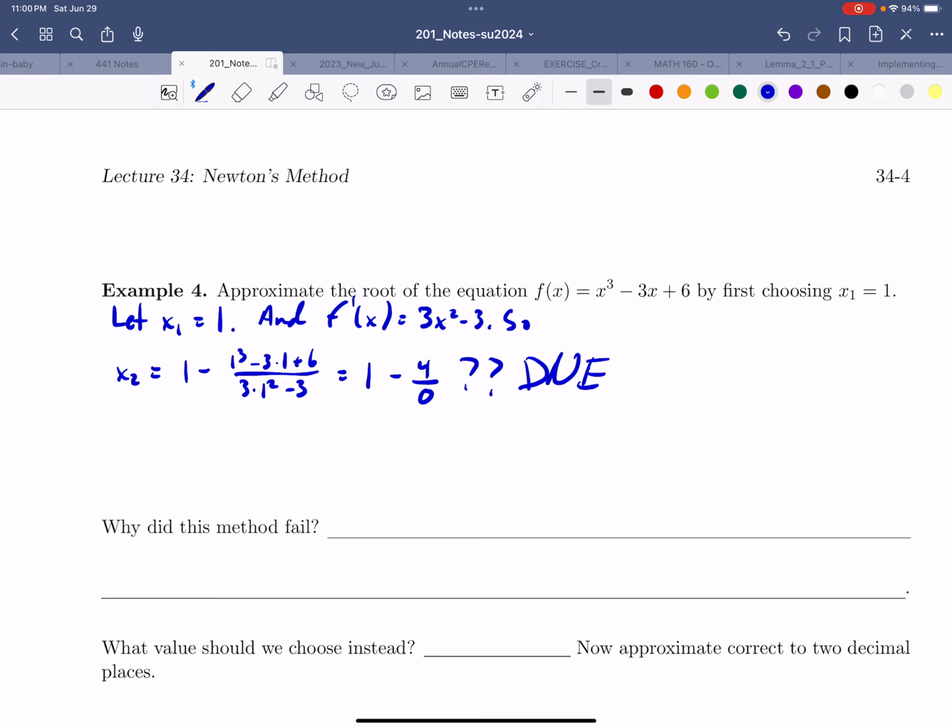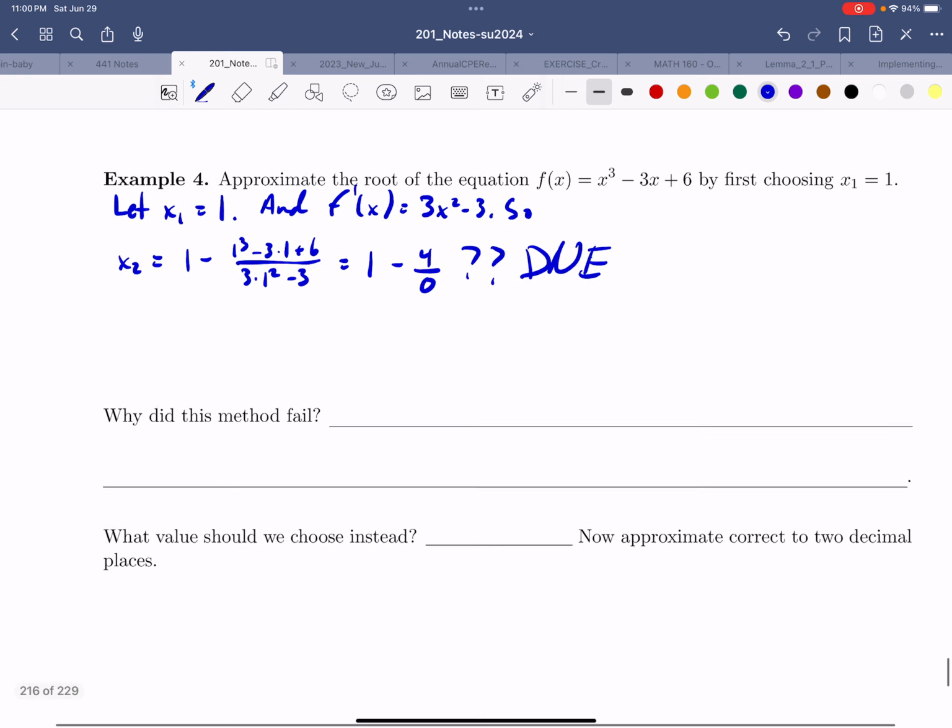What that suggests is that the tangent line to f at that value will not equal 0. Why did this method fail?